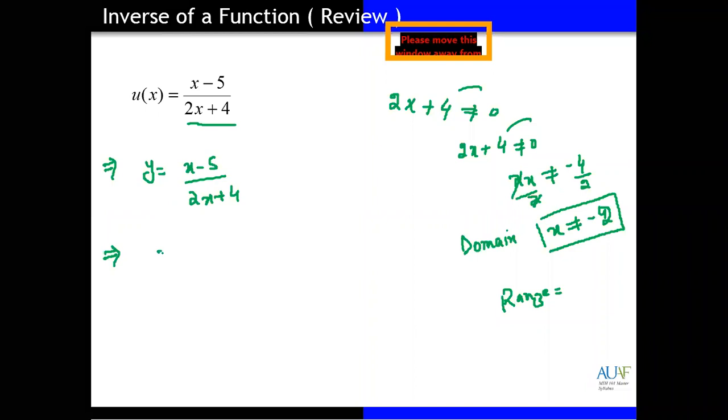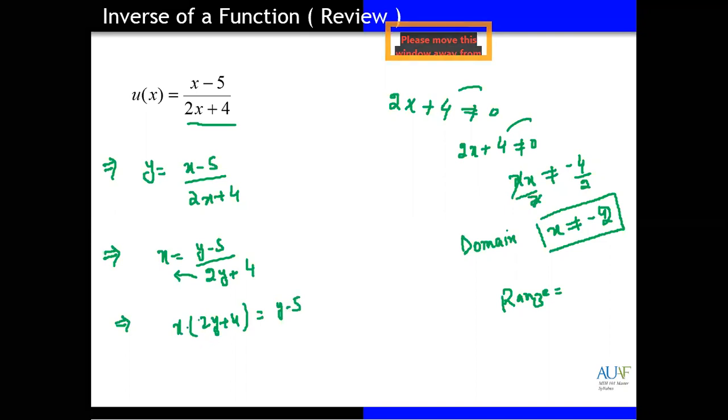So we have x equals y minus 5 divided by 2y plus 4. Next we need to find the value of y. For this, multiply 2y plus 4 with x. So we have x multiplied with 2y plus 4 equals y minus 5.